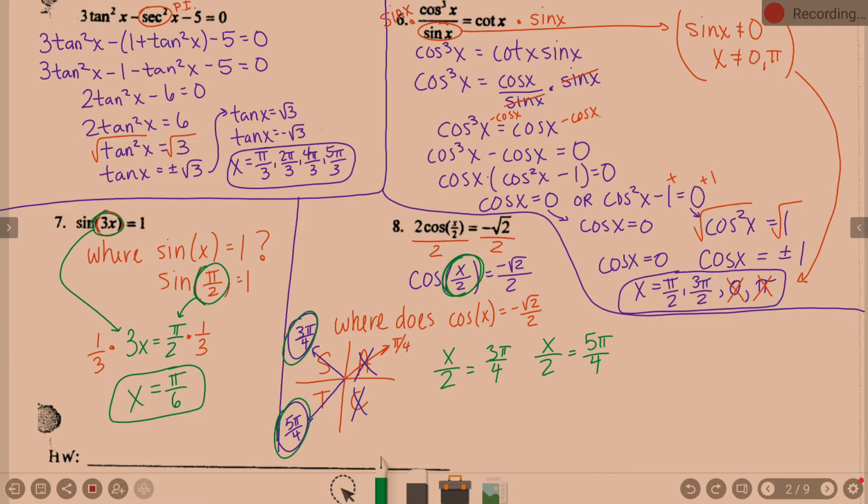If it's x divided by 2, we're going to multiply by 2. Okay, 2's cancel. What is 3 pi over 4 times 2?